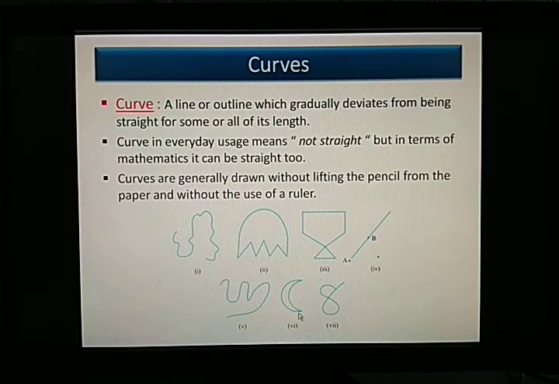This 4th number curve was not considered in any of these types earlier, but these 4 curves, number 1, 4, 5 and 6, can be considered as simple curves, while number 3 and number 7 will not be considered as a simple curve because they cross over.